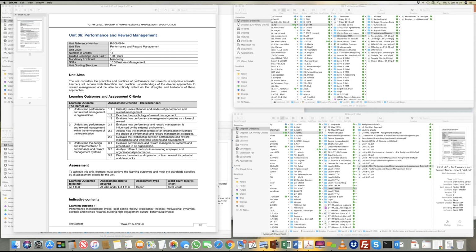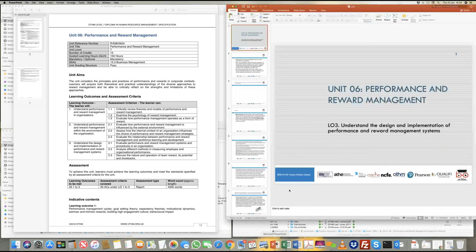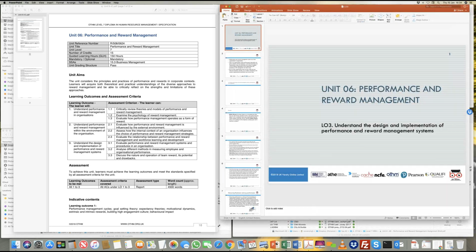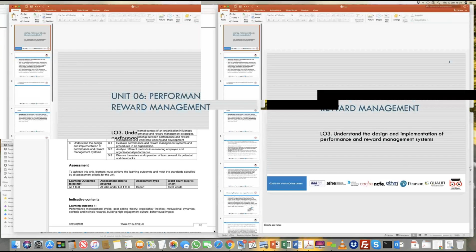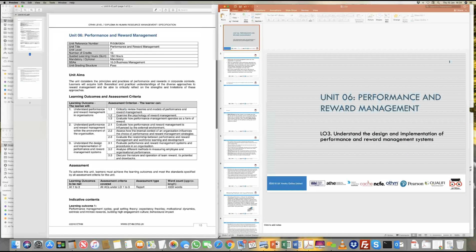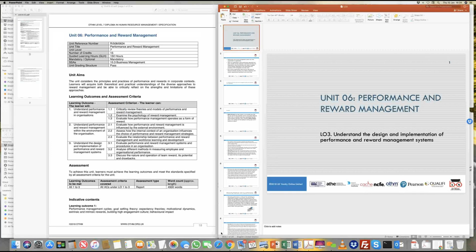So in learning outcome 3, what we're essentially going to be looking at is how to design a reward management system for an organization, and what the key things are that we have to consider when we design this system. We will also understand how the performance management cycle, PMC, which is obviously a different process, gives inputs into designing the reward management system.